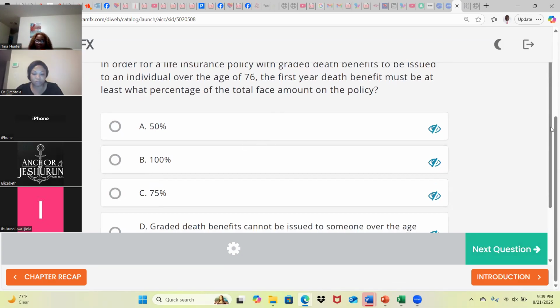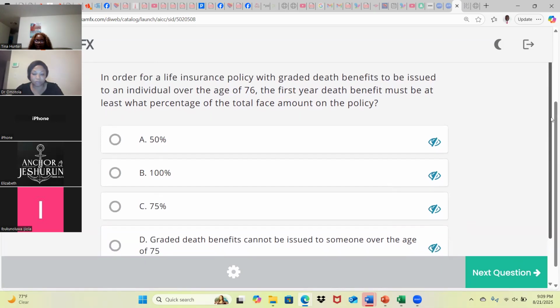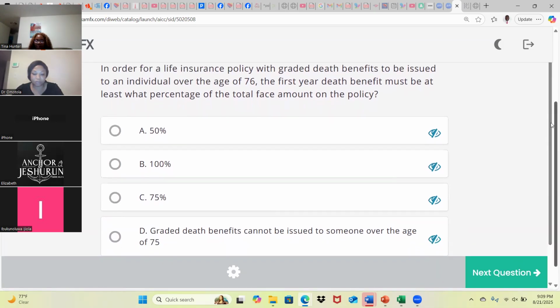Elizabeth, can you read this one for us? In order for a life insurance policy with graded death benefits to be issued to an individual over the age of 76, the first year death benefit must be at least what percentage of the total face amount on the policy?